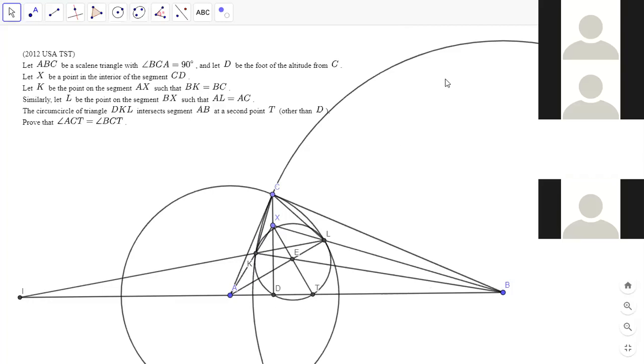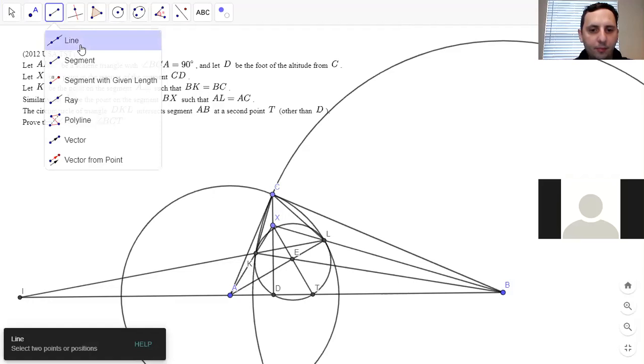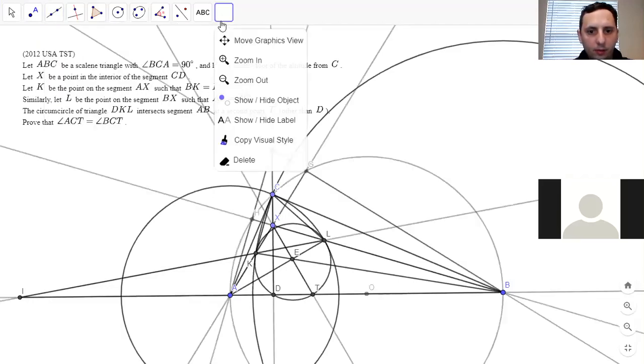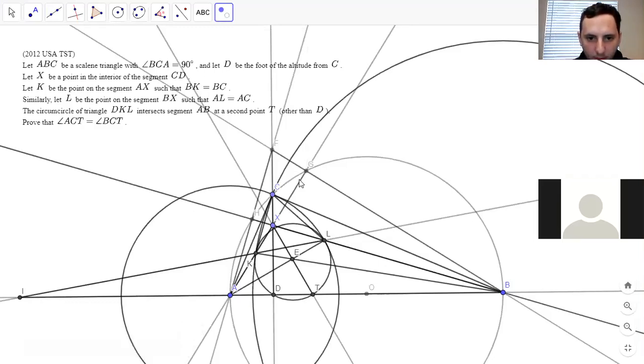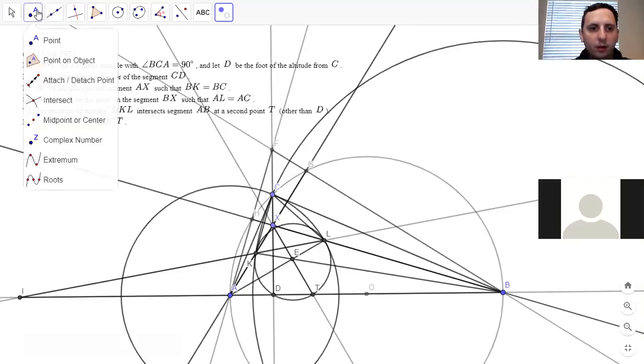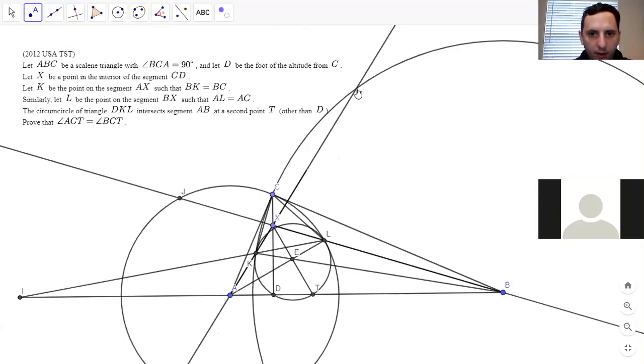Can you intersect BL and AK with circles? With the circles, okay. Let me see, yeah, so I can just unhide it. Okay, so with these circles, yeah. So that's J and M. Yeah, these are enough.